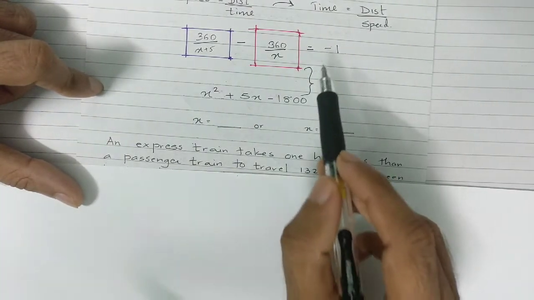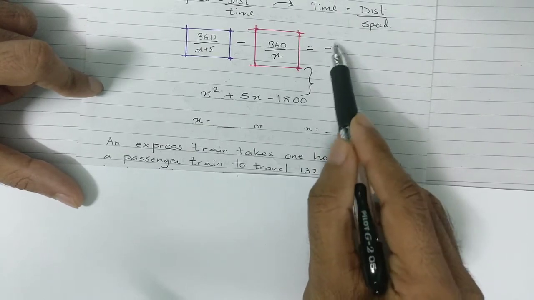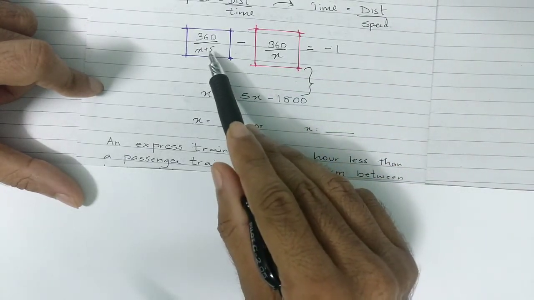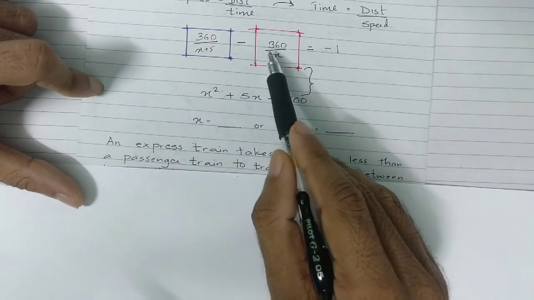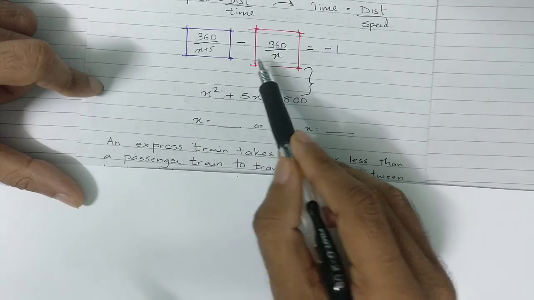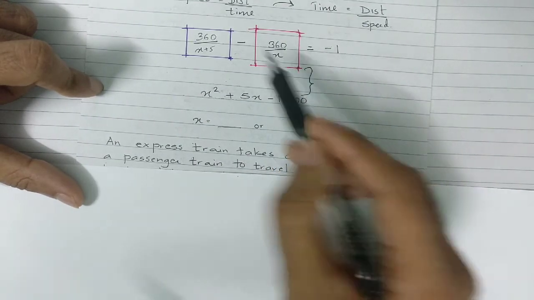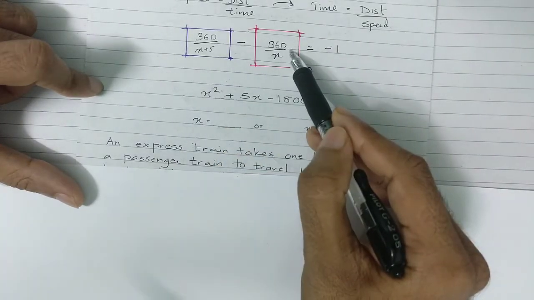So please remember, when you want 1 hour less, a negative number, you should make sure that after subtracting those two fractions, you are looking for a negative number. Or if it is positive, then the bigger number should be over here, the smaller number over here.